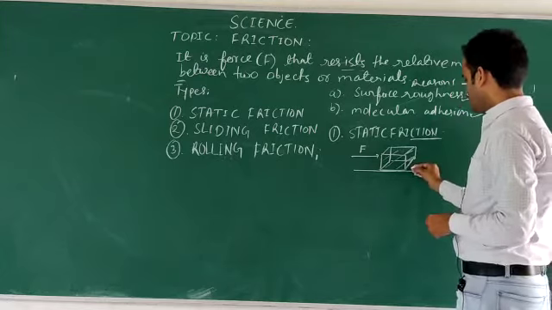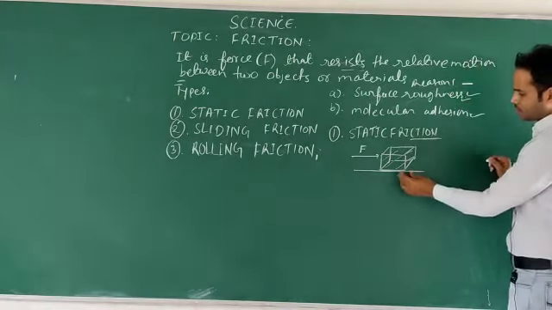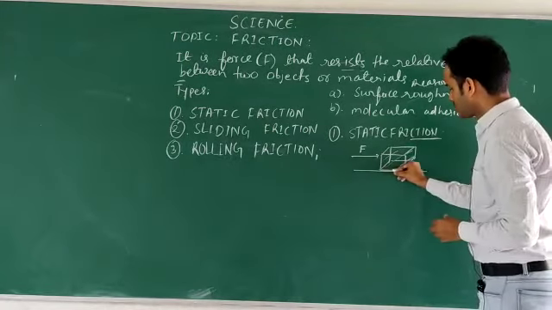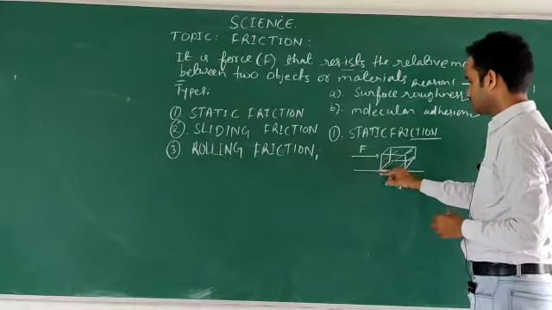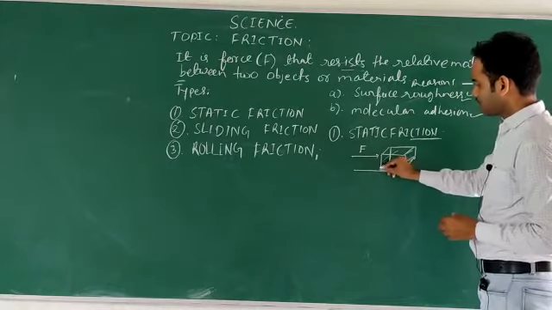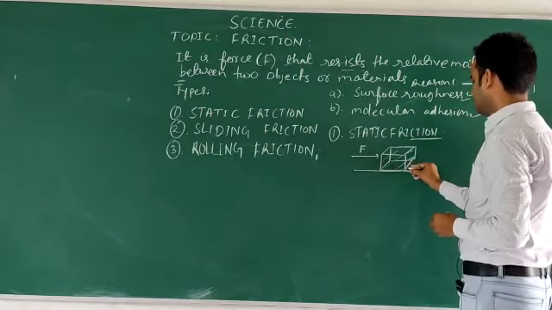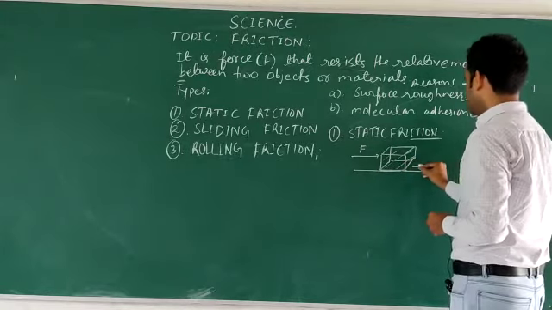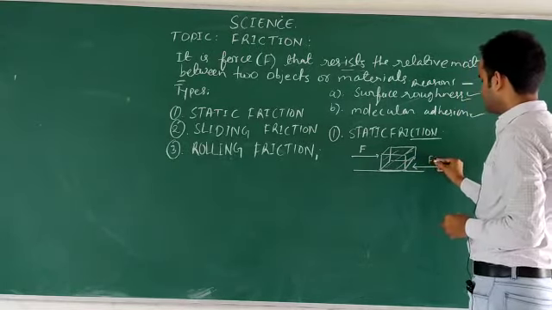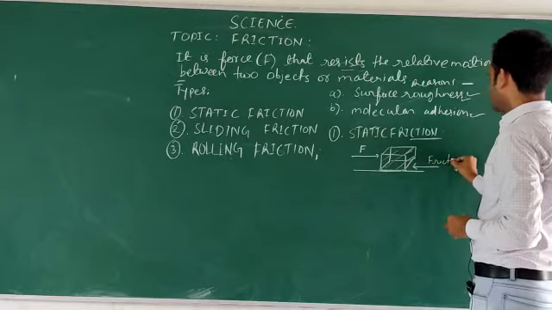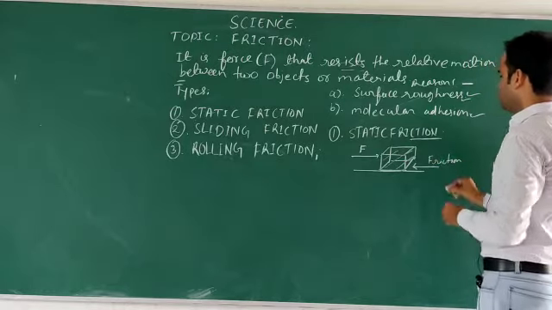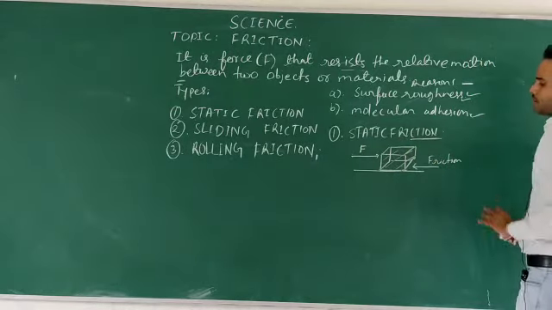There will be a force of friction, and this friction will act between the surface of the ground and the surface of the object, in the opposite direction of the force that we are applying.